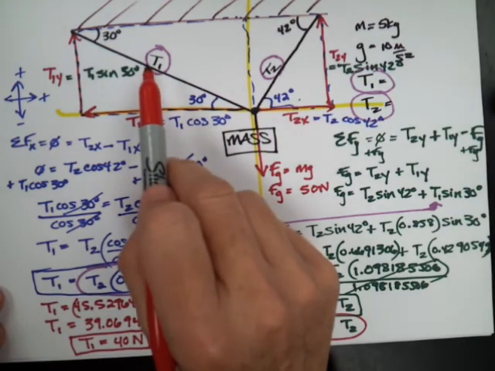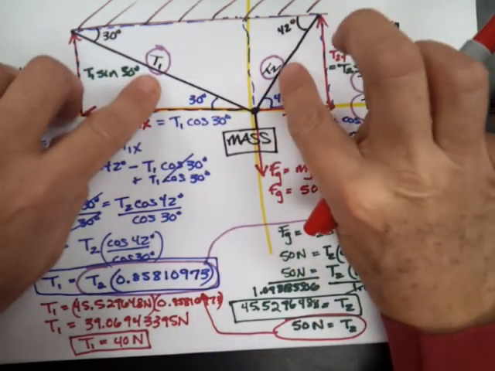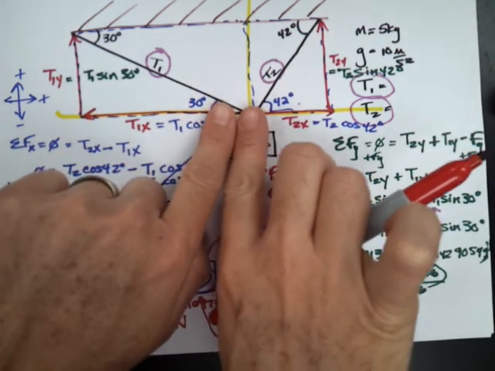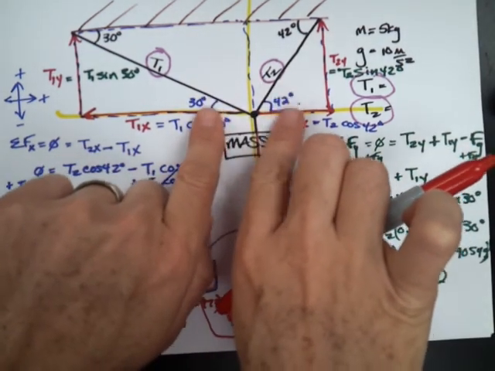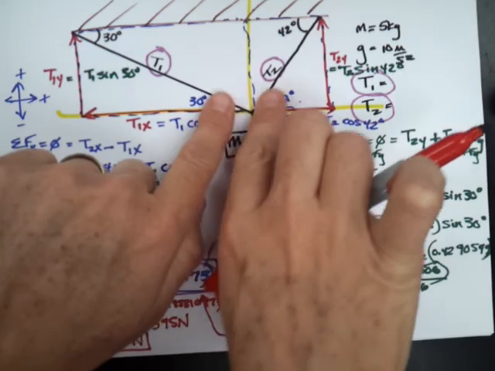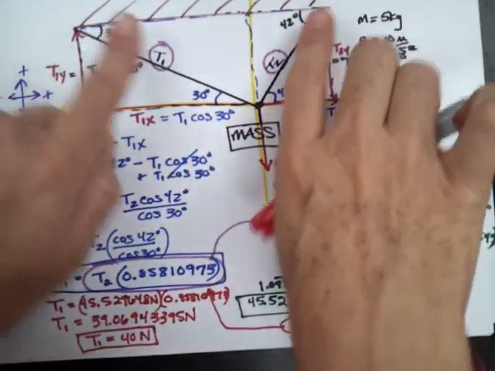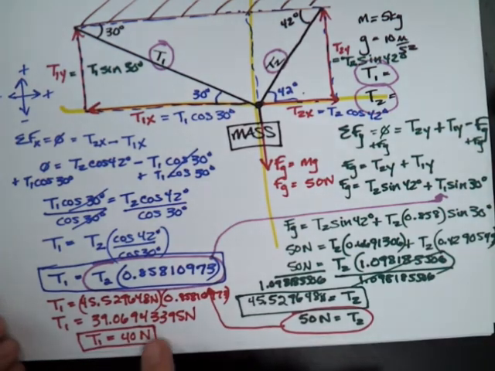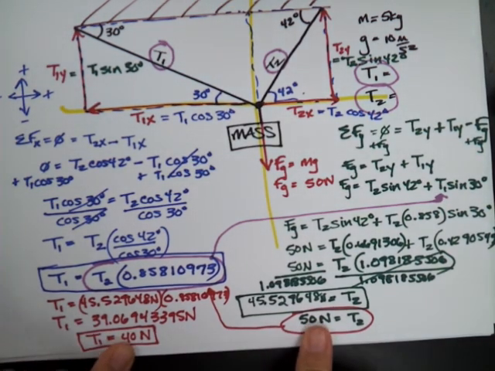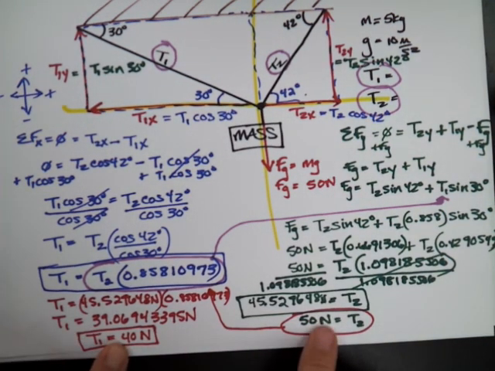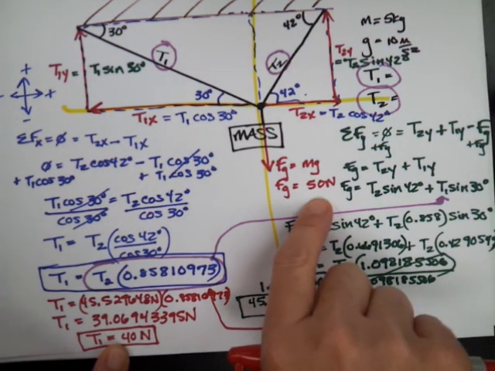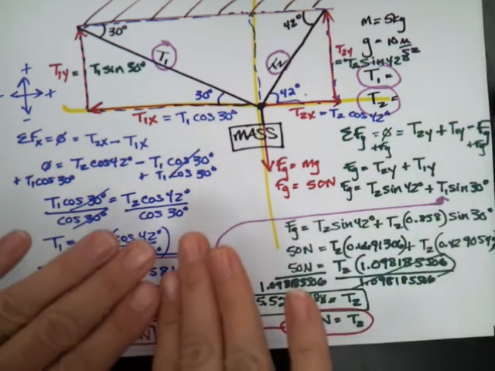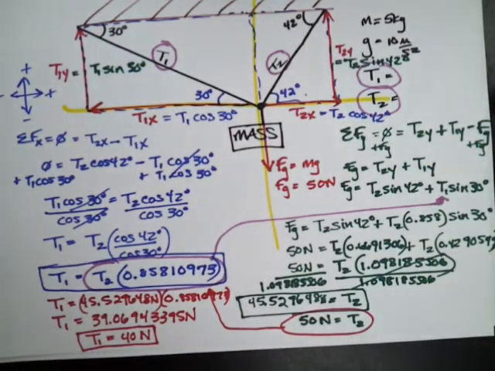So in this case, the T2 and the T1, or in any case really, even if these angles were the same, they're not bearing just the weight. They're bearing the weight plus pulling it out. And that makes the numbers higher total, right? 40 and 50, 90, as opposed to the weight, which is only 50, because it's also pulling it out, not just pulling it up.